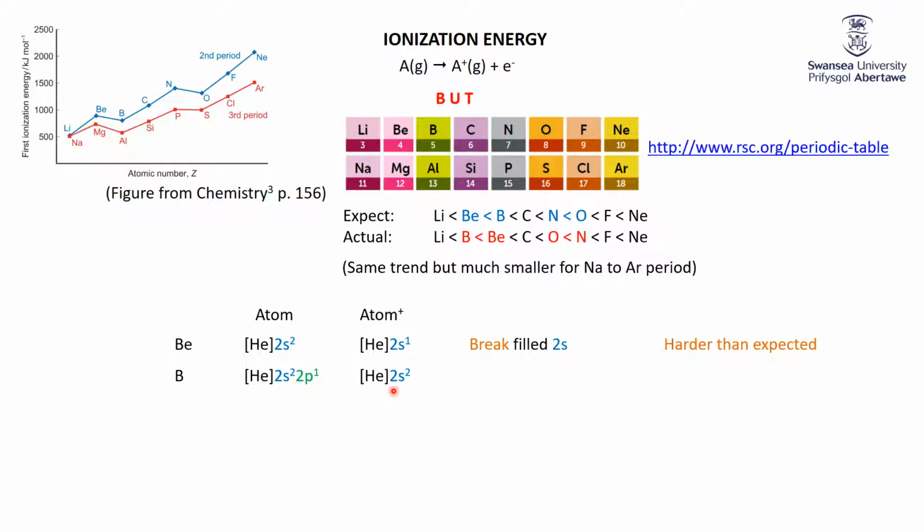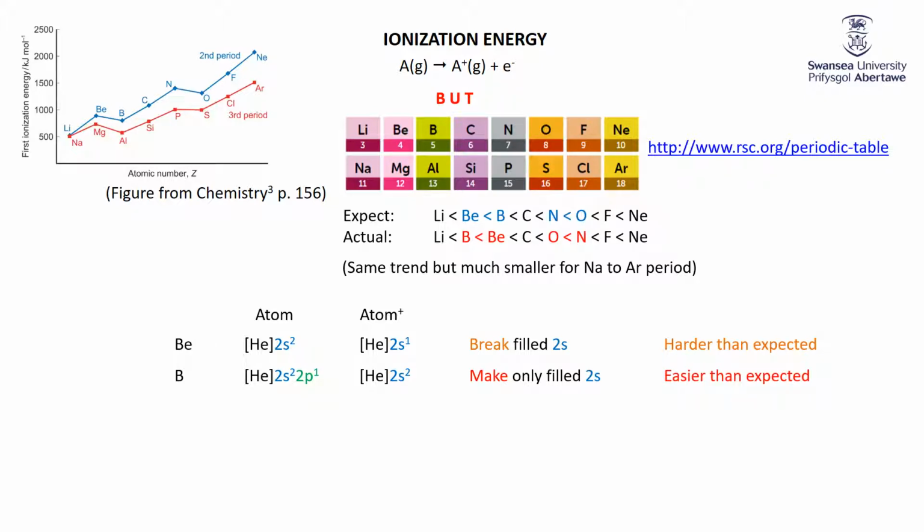Thus, for boron, you're going from an odd electron configuration to where all you've got are filled subshells. That means that yes, you've got to put energy in to remove that p electron, but because when you've removed it, you've got a nicer situation, it means that it's easier than expected.